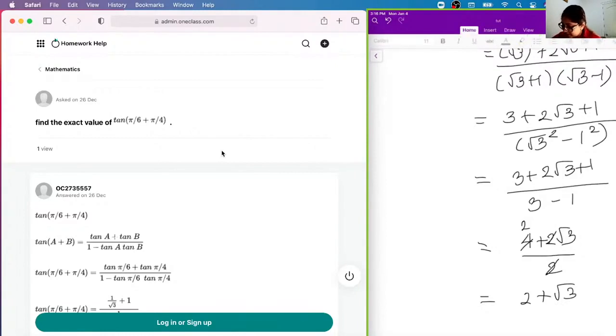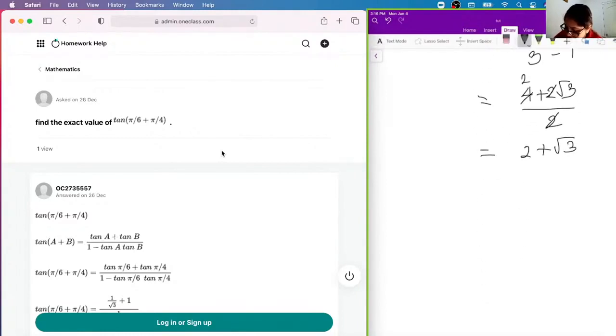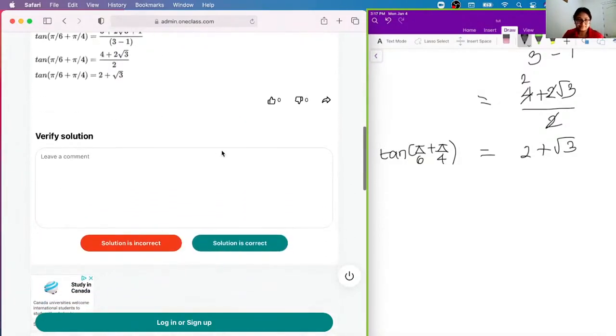And so finally our answer is tan of pi over 6 plus pi over 4 is equal to 2 plus root 3.